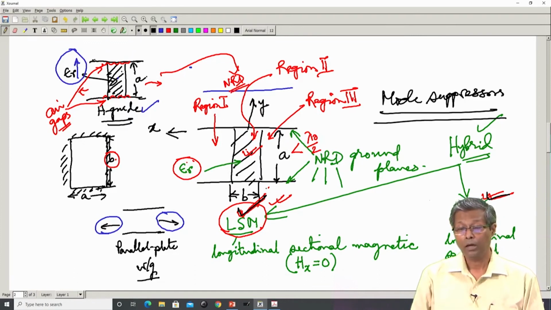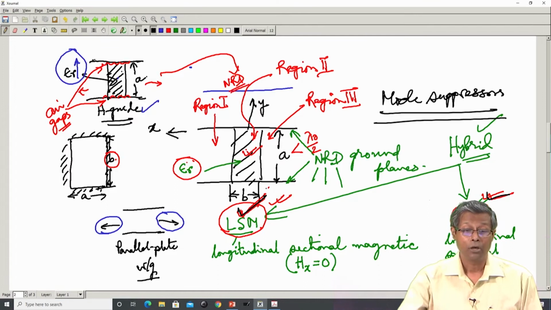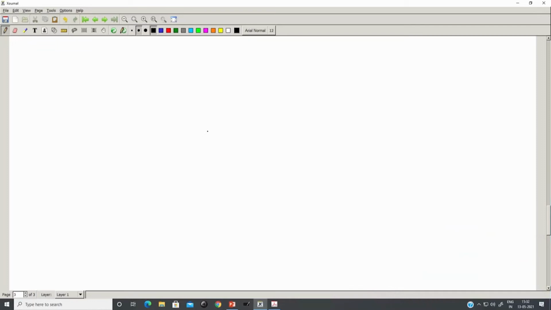Okay. So, let us now review the characteristics, and go in a little bit more detail on the features of the NRD guide. So, as we said, for the first set of modes, the magnetic field is entirely parallel to the air dielectric interface, and that is known as the LSM MN mode.